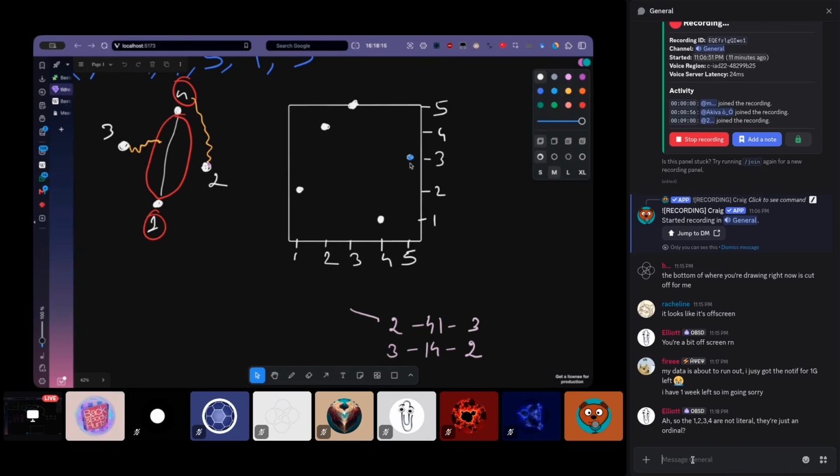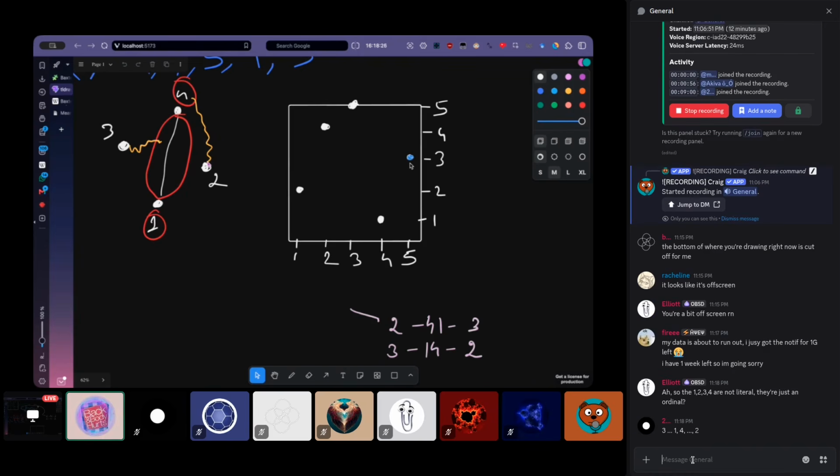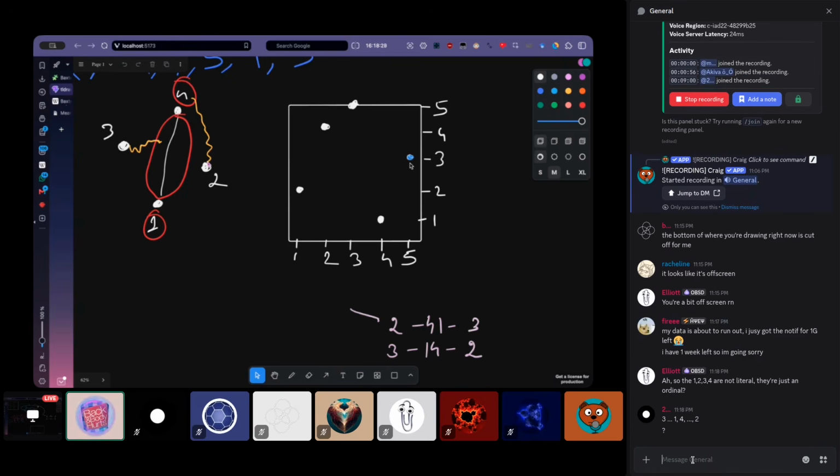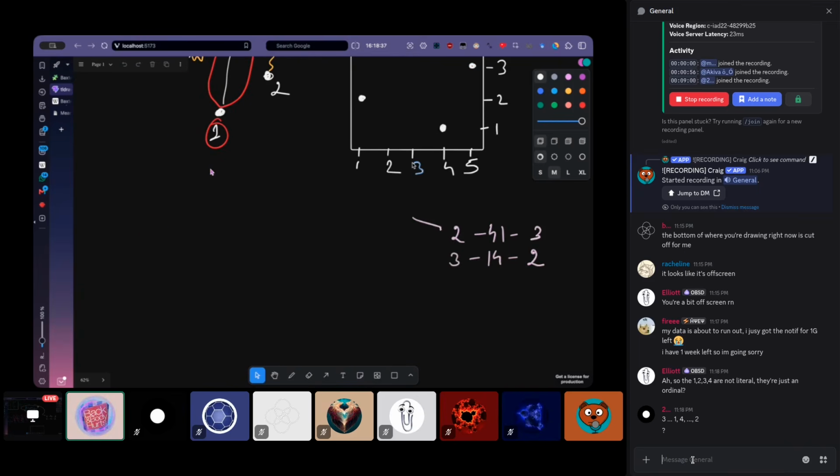Yeah, so they are the ordinal. They are not the literal numbers. They are the order of the 4 numbers. So we can think of 3142 as writing it as third, then first, then fourth, and then second.